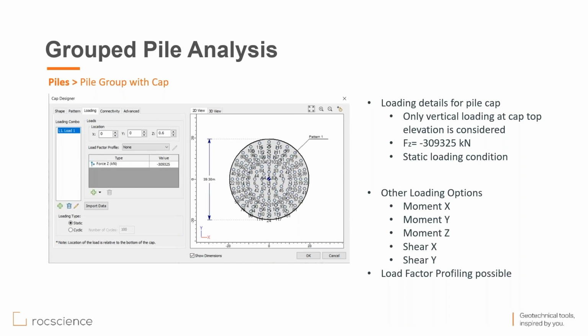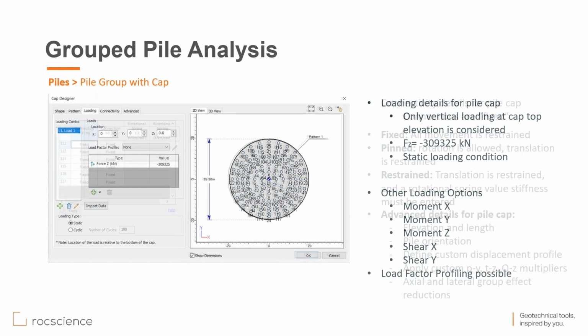You have the options to determine and input a variety of loading combinations, such as moments and shear forces, and you also have the ability to define load factor profiling by just using the load combinations, which will save you a considerable amount of time if you want to comply with codes in your design procedure.